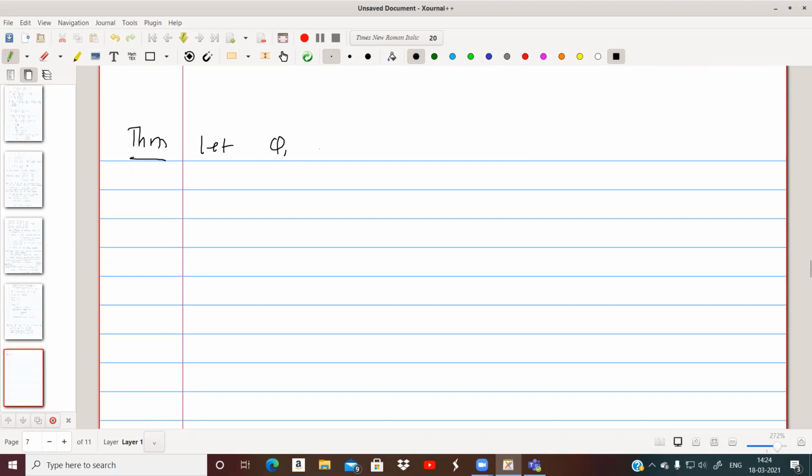If phi1, phi2, phi n are n solutions of L of y equal to 0, without mentioning that they are linearly independent, just that they are solutions of L of y equal to 0 on an interval I, and x naught is any point in I, then we need to calculate the Wronskian of phi1, phi2, phi n at x.